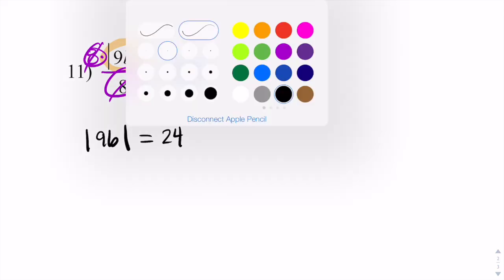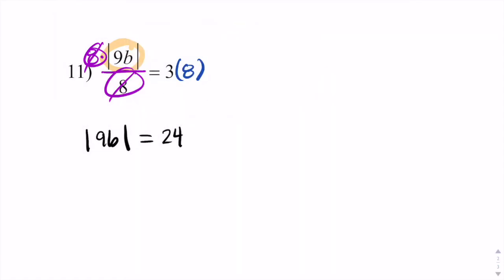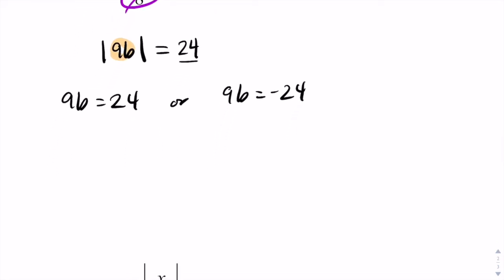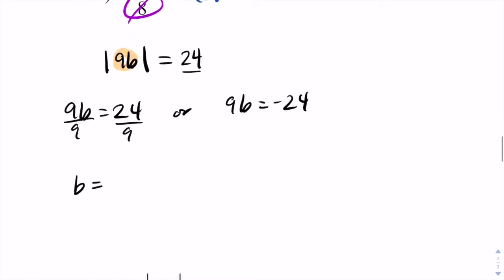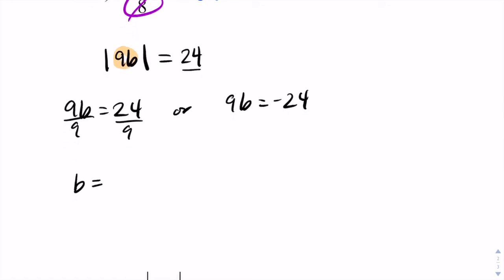So what I do now is I get what's inside the absolute value and equal it to positive 24, or I get the 9b and equal it to negative 24. And I simply solve the equation. So I'm going to divide by 9. And it's now reducible. 24 and 9 can't be divided wholly, so I could just find a common factor.